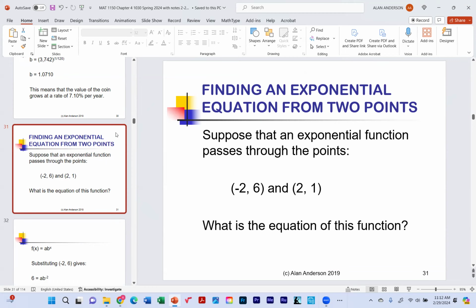Okay, so let's start with this case. Assuming that these 2 points are chosen from some exponential function, how would we find its equation? Based on the definition f of x equals ab to the x. So think of this as x1, f of x1, x2, f of x2.